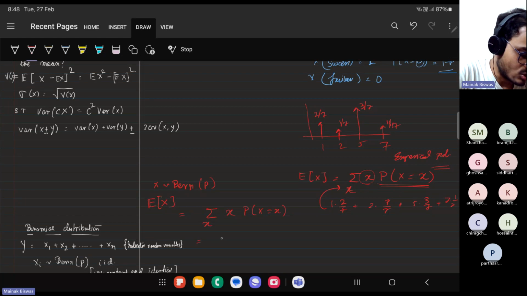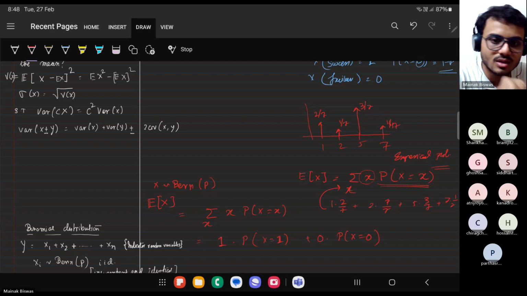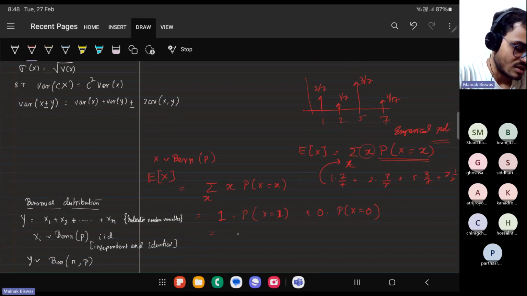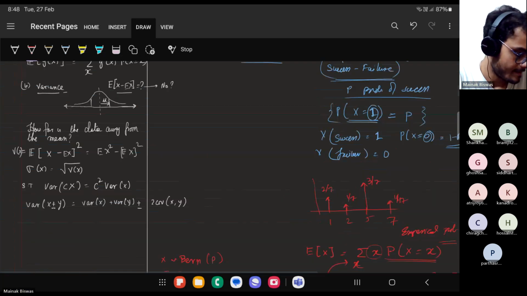That means it is 1 into probability of x equal to 1 plus 0 into probability of x equal to 0. Do you agree? Which is nothing but the probability of x equal to 1, which is equal to p. Okay.